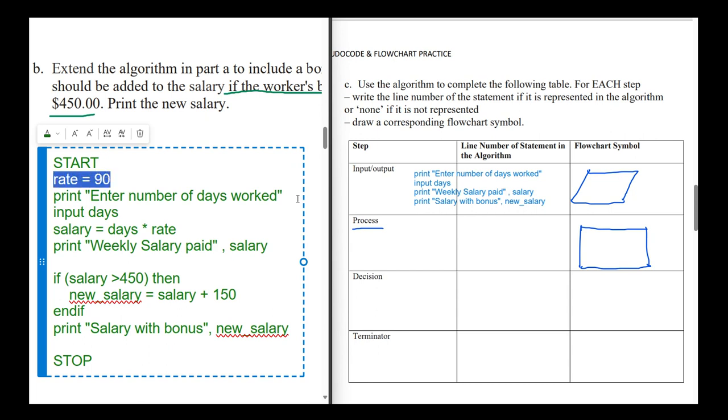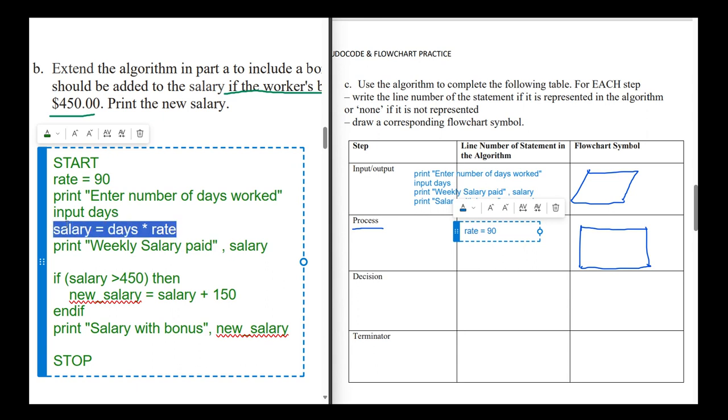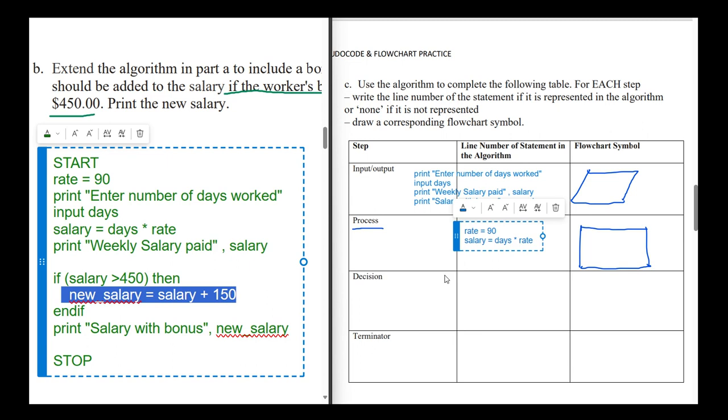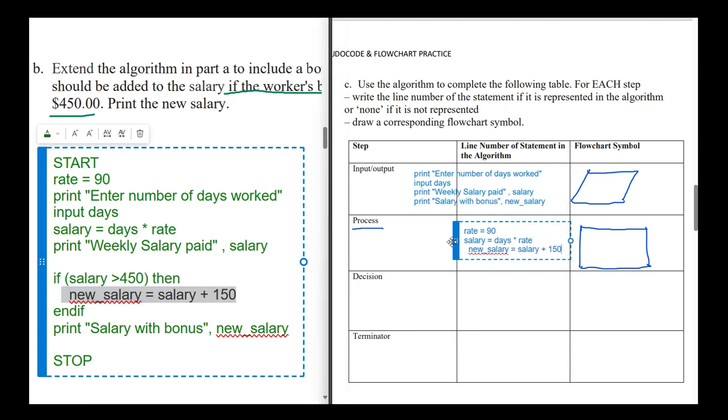So the line where you're assigning 90 to rate, that's a process. Calculating the salary. What else would be a process? Calculating a new salary would also be a process, right? So those would be the processes, right?